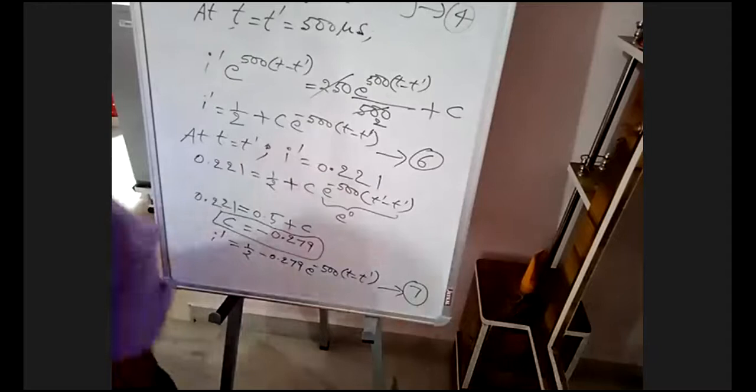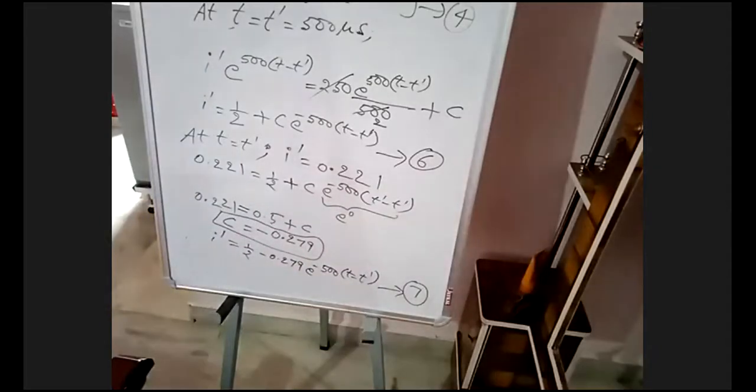This is the final current equation when switch is in position 2. This is the current transient equation when switch is in position 2. Okay, that's all about the problem. So we have determined the current equations when switch is in position 1 and also in position 2.